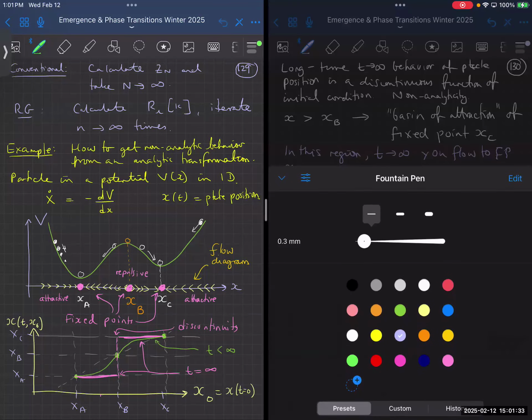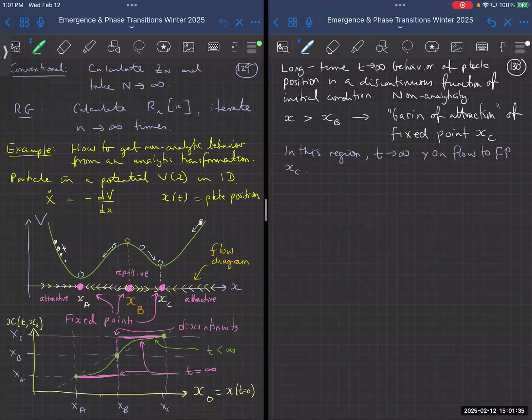And then we have that for x less than xb, that's the basin of attraction of the fixed point xa.